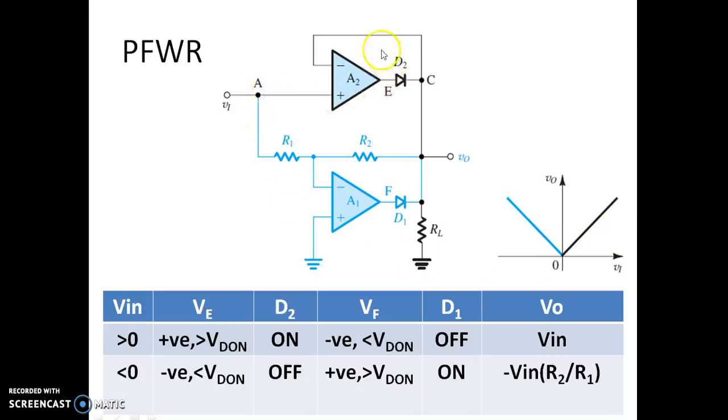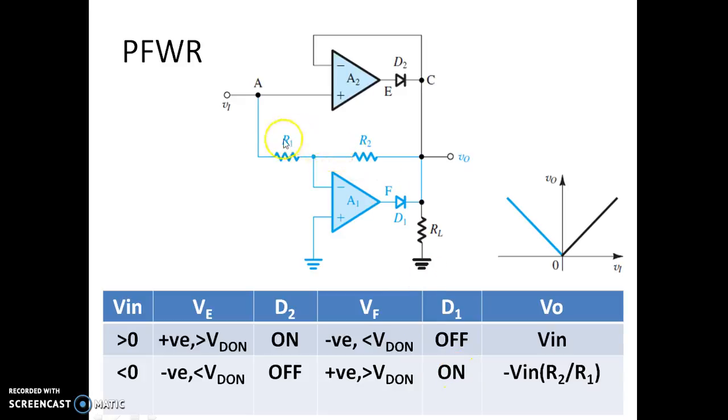Whereas during the negative half cycle, this diode D2 is off because VE is negative. When the input voltage is negative, D2 is off. Because of this inverting amplifier, the voltage at VF is now positive. When the voltage at VF is positive and more than the VD on of diode D1, D1 turns on.